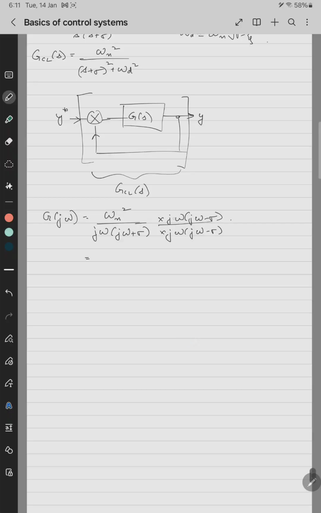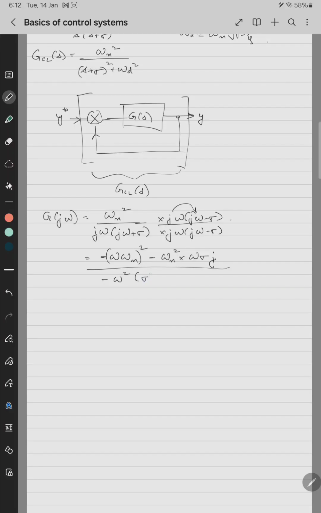First we'll write the real part. First is this multiplication, j square is minus 1, so minus omega square omega n square, and the other part is minus omega n square into omega sigma j. j omega minus sigma, j omega minus sigma, j omega into omega n square, divided by, j square will be minus 1, so minus omega square into a plus b into a minus b.